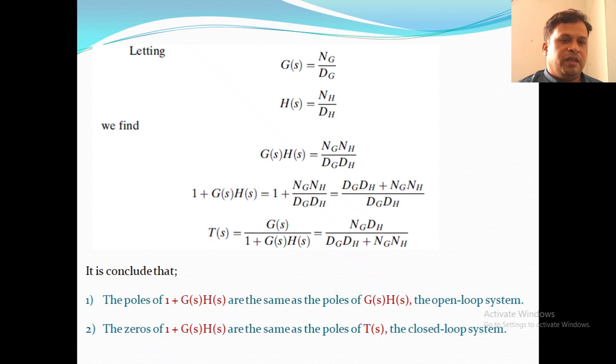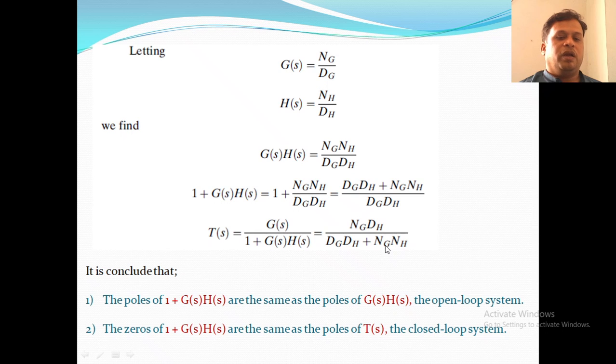If you have g of s as n suffix g by d suffix g, numerator by denominator, we get the transfer function t of s in the form of n g d h by d g d h plus n g into n h.